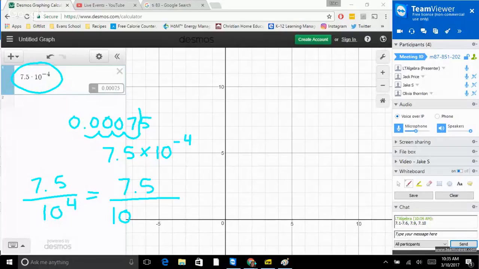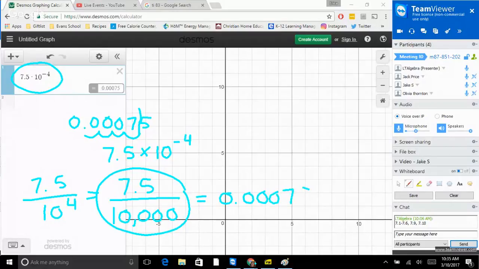I think it's 4 zeros, isn't it? Yeah, it is 10,000. So 7.5 divided by 10,000, and if you do that on your calculator, you're going to get 0.0075.